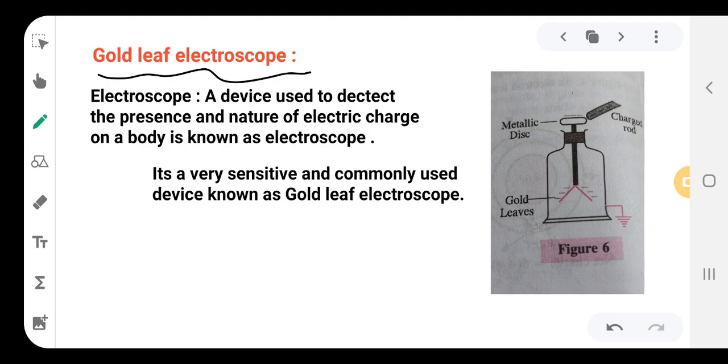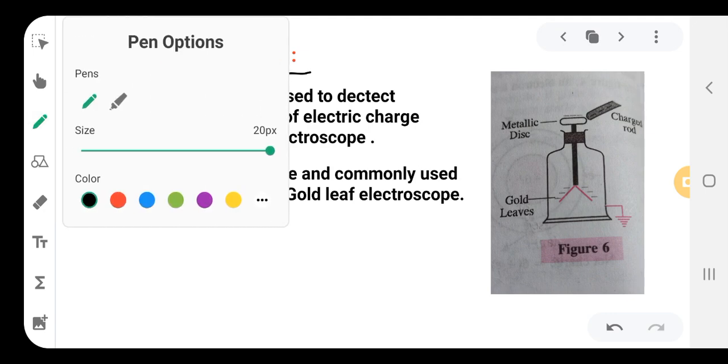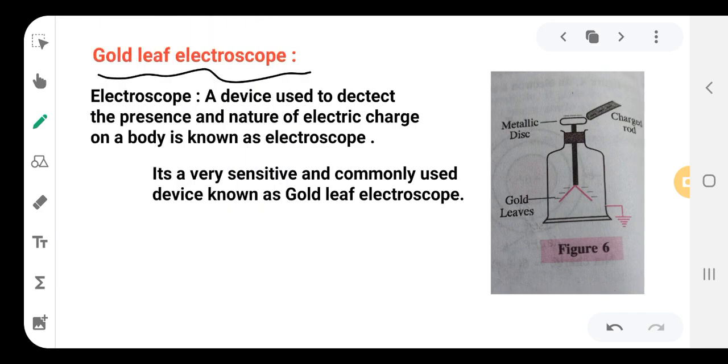So in order to detect the type of the charge, we need a device. That device is known as an electroscope. Let me read out the definition of the electroscope. A device used to detect the presence and nature of electric charge on a body is known as an electroscope.